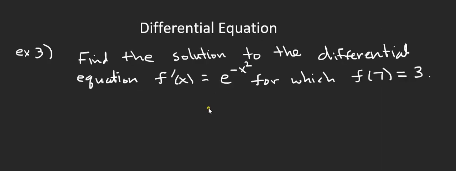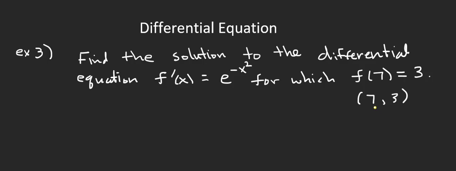For example 3, we have: find the solution to the differential equation f prime of x equals e to the negative x squared, for which f of 7 equals 3. So what does it mean when they say f of 7 is equal to 3? That means when x equals 7, the y value will be 3.